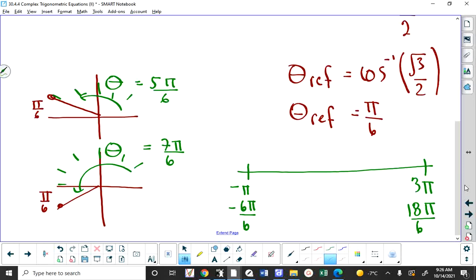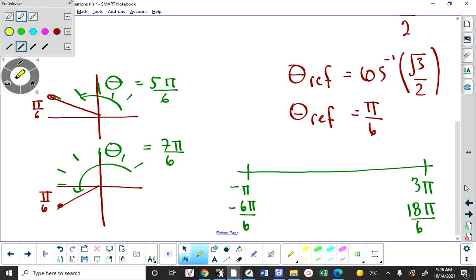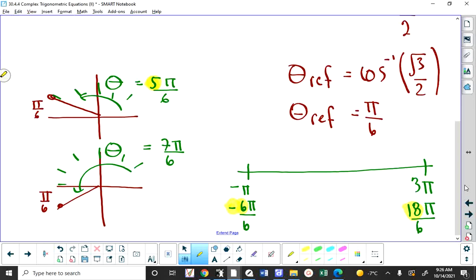So let's start with the 5 pi over 6. And really what you're focusing on here, I think, is this number. You're asking yourself if that number that I've highlighted in the rotation angle is between negative 6 and 18, because if it is, then 5 pi over 6 is in here, and it is. So we can add that to our list of solutions, 5 pi over 6.